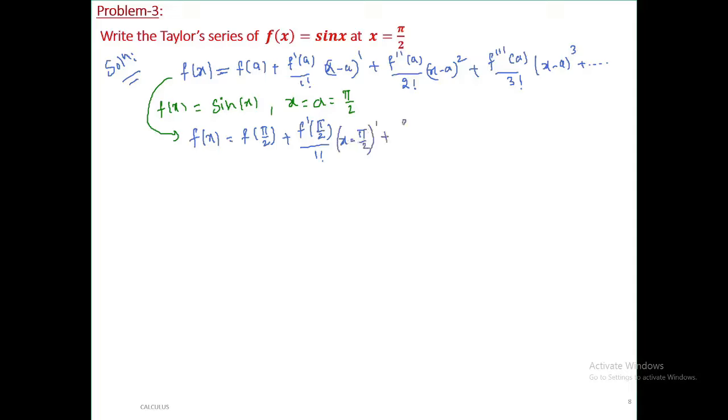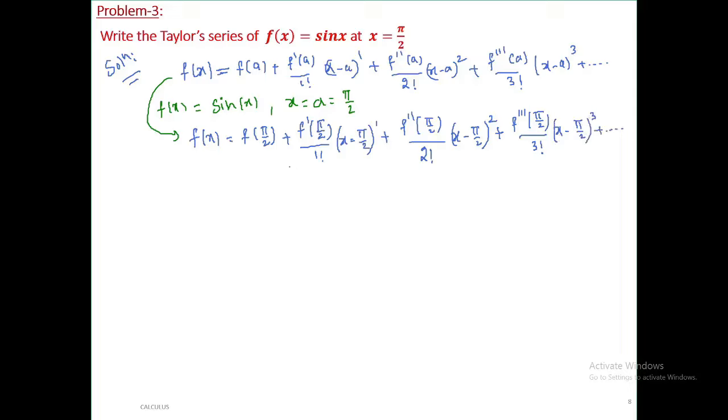Plus f double dash at pi by 2 by 2 factorial into x minus pi by 2 whole to the power of 2, plus f triple derivative at pi by 2 by 3 factorial into x minus pi by 2 whole to the power of 3 plus up to so on.